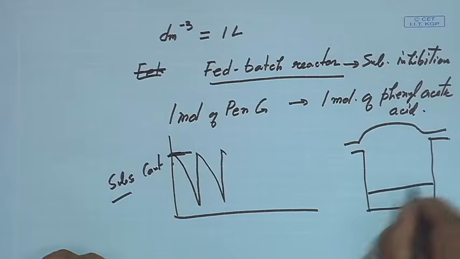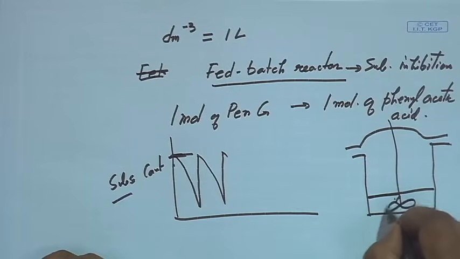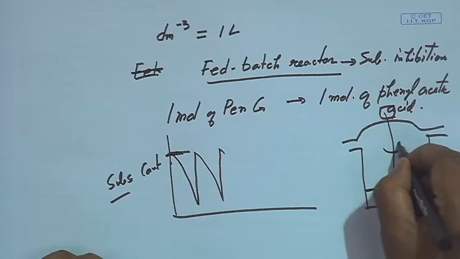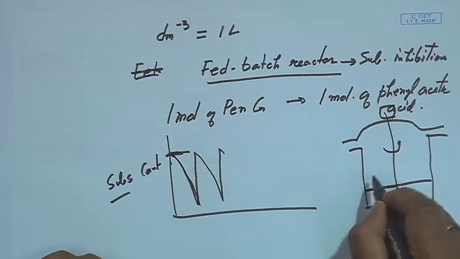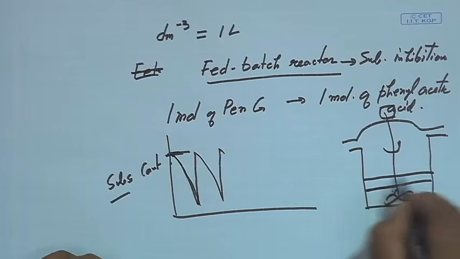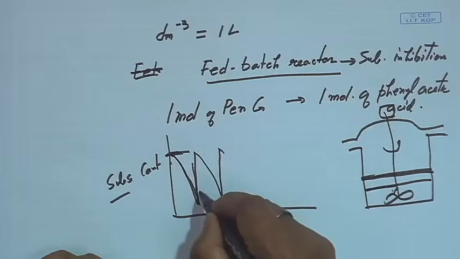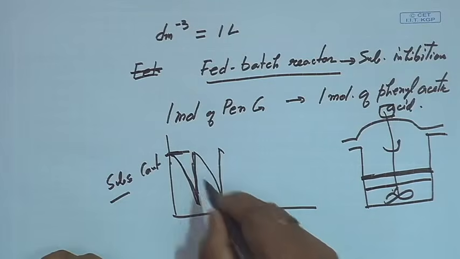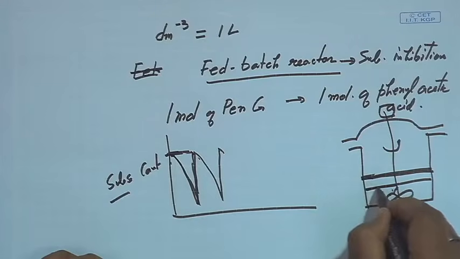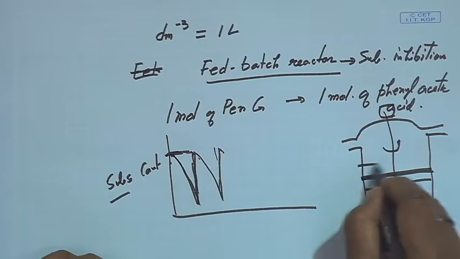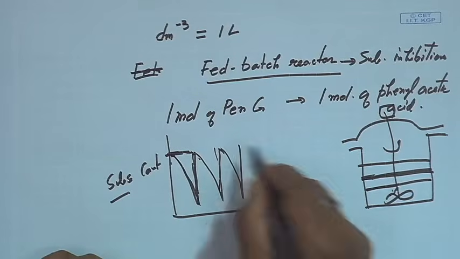You take a small amount of media that we have agitated here, and as the substrate concentration goes down, we add another same volume of media. Or you can increase the volume a little bit, so the concentration rises up to this level, drops again, and you increase it again.